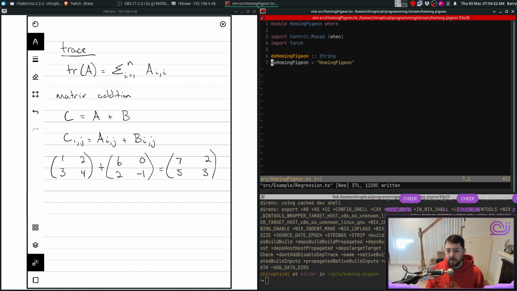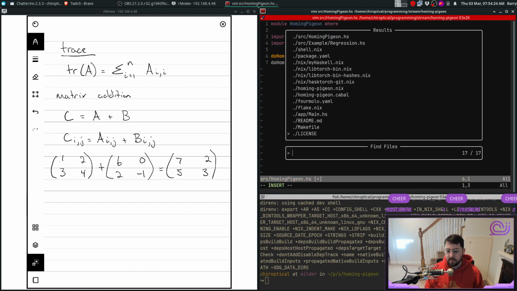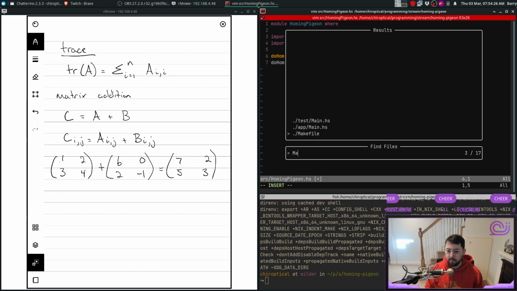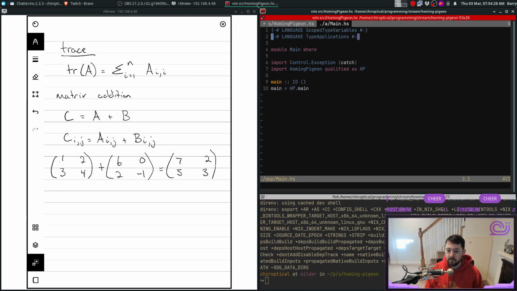Okay, and I think that in app main we use this homing pigeon thing, so I think it ends up being, what did I call it? Example regression.